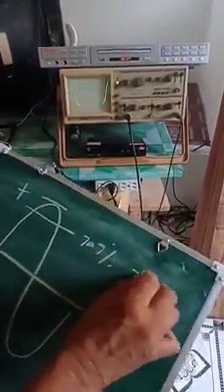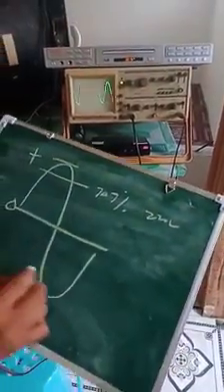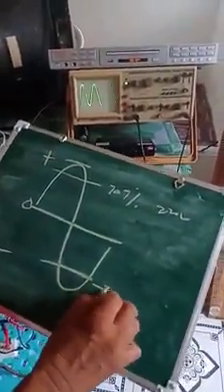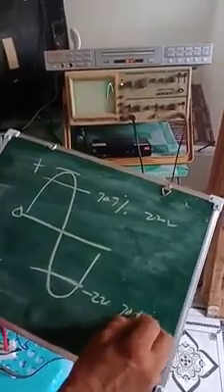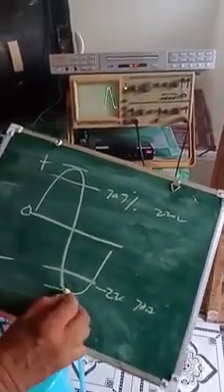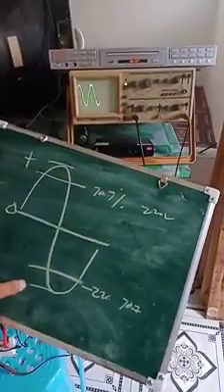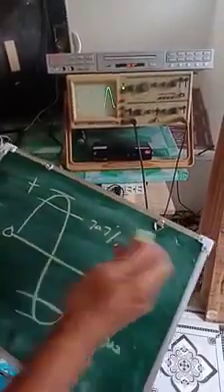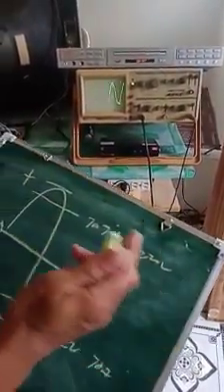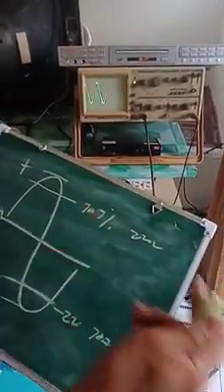We have also at the negative alternation, negative 220 volts, which is 70.7% of the peak value at the negative alternation. So, it is a root mean square, the effective value or the effective capacity of doing work.